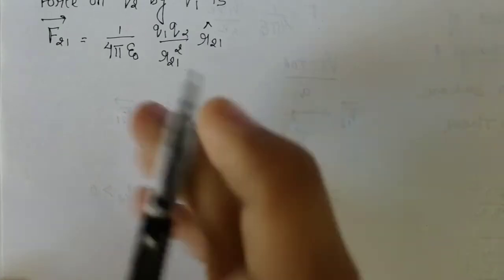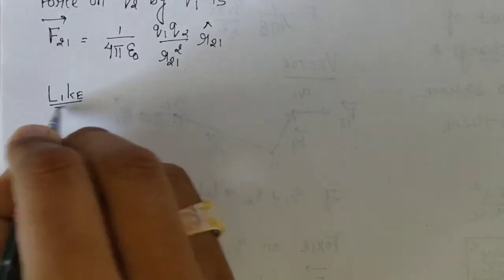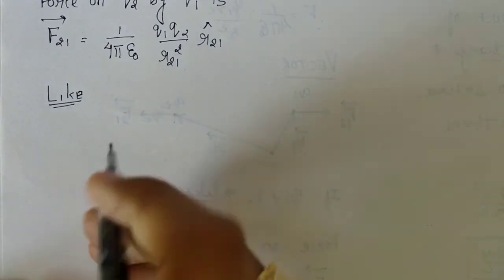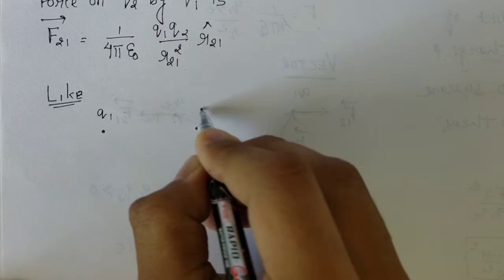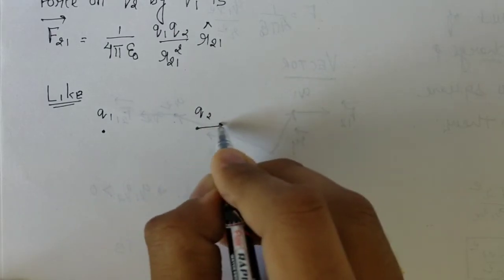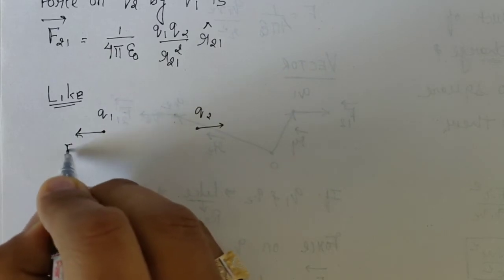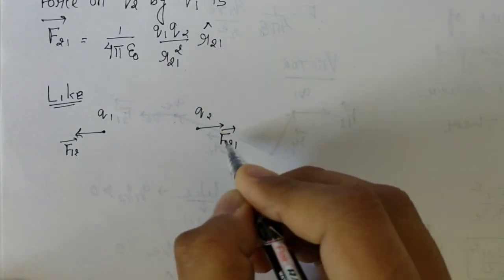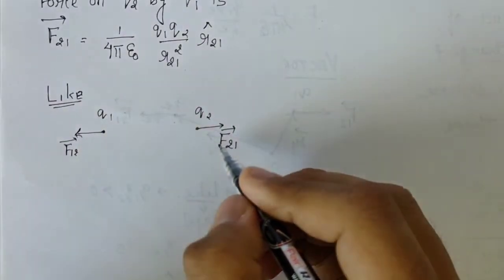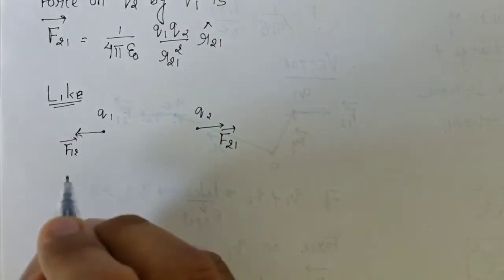Remember, for like charges Q1 and Q2, the forces are in outward direction, F12 and F21.